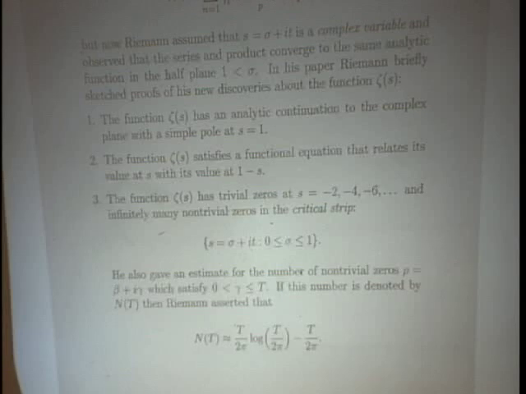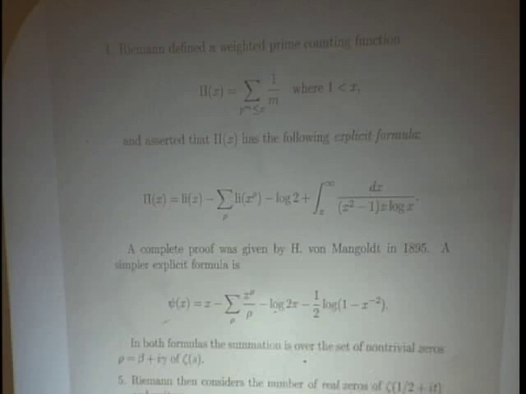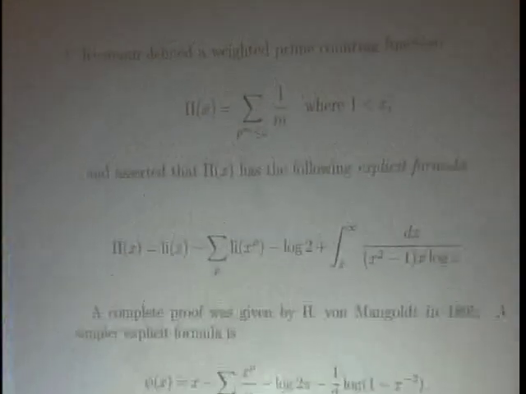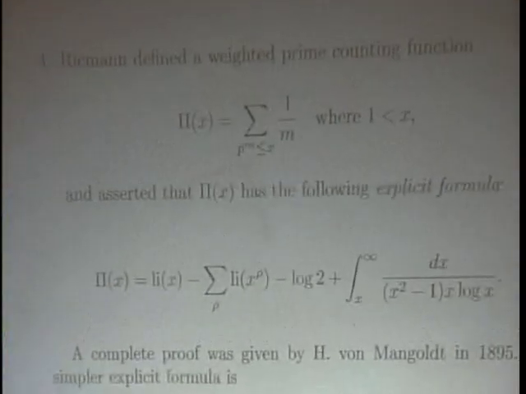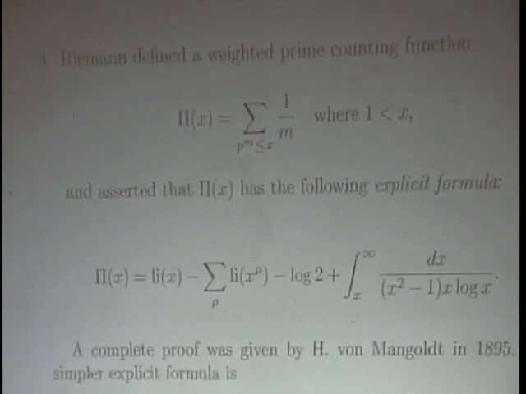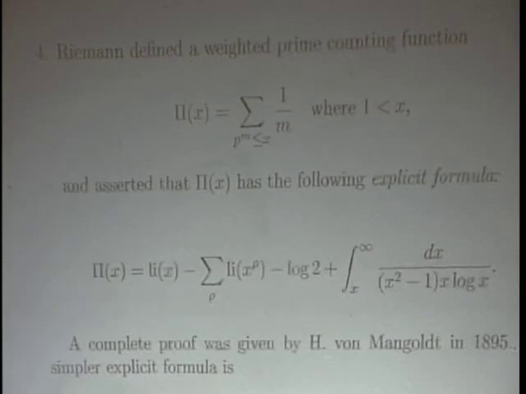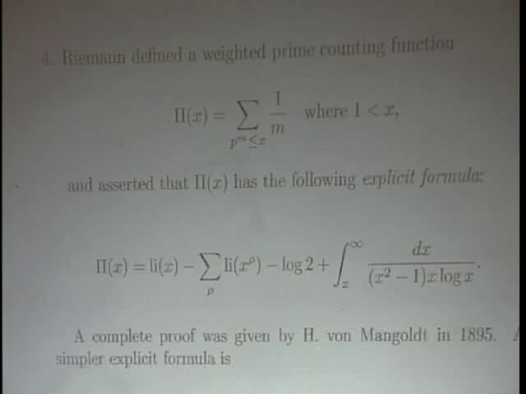Now we come to one of his most spectacular discoveries. The reason that Riemann was interested in the zeros is exactly these formulas. Riemann modified Chebyshev's weighted prime counting function and defined a different weighted prime counting function, which he called capital pi of x.